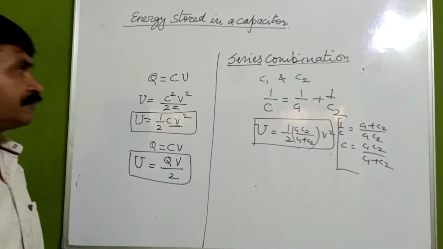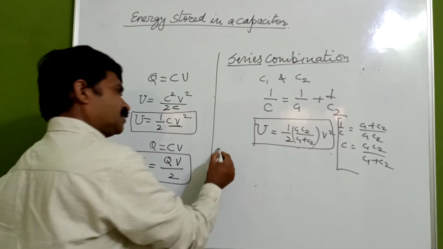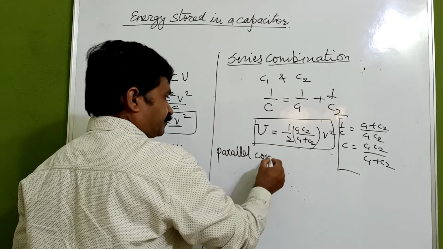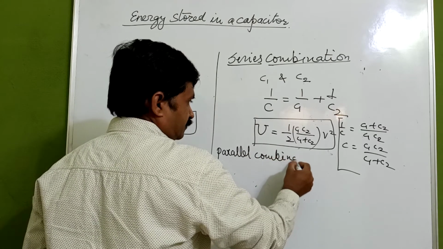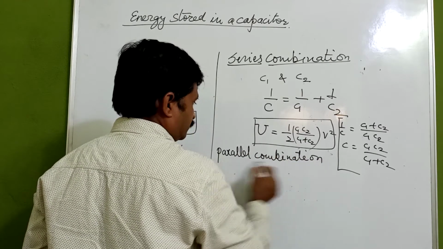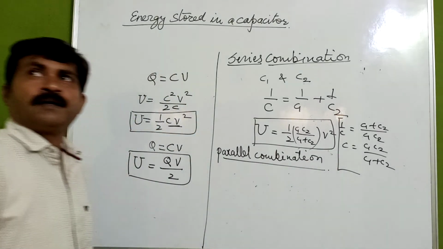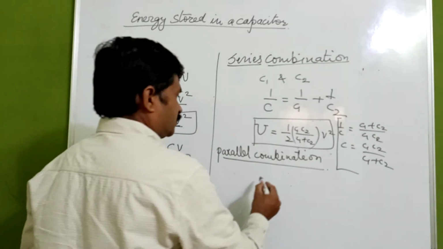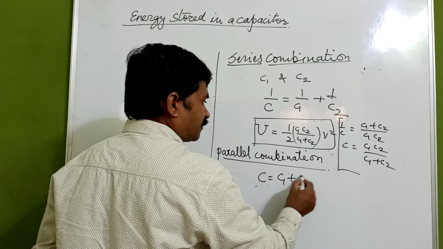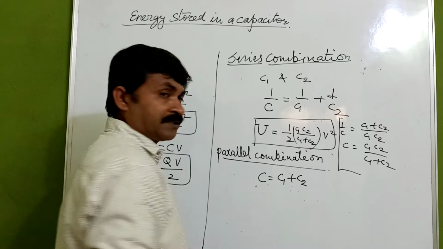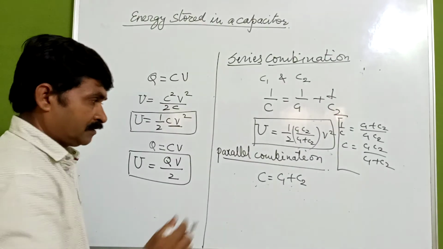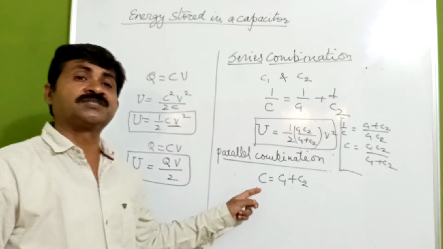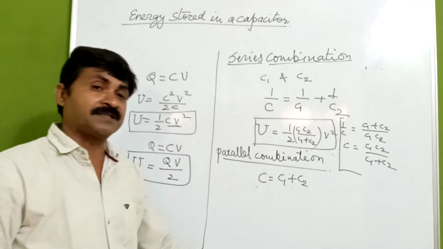Okay. Now if we have another combination, say a parallel combination. In parallel combination, we have C is equal to C1 plus C2. If we connect these two capacitors in parallel, the total capacitance is given by this relation, C is equal to C1 plus C2.